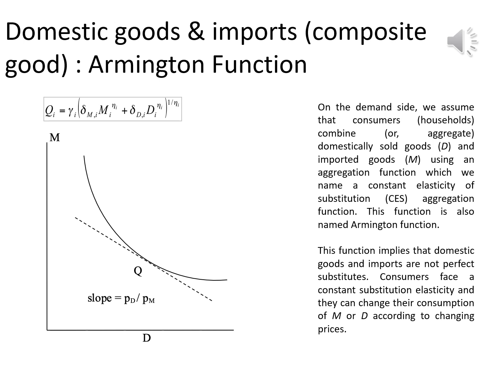We call this the Armington function because it is named after Paul Armington, an economist at the IMF, who wrote about this in an article in 1969. The key point here is the elasticity of substitution. Here we assume it is constant.